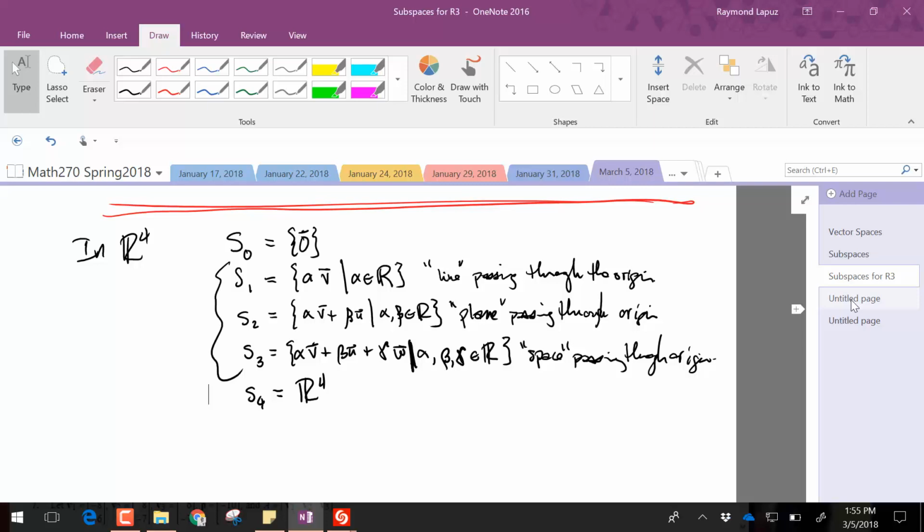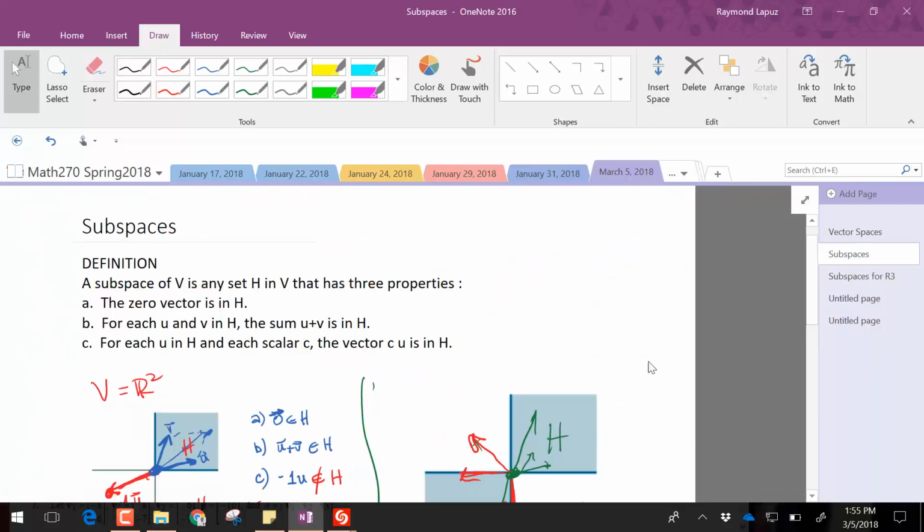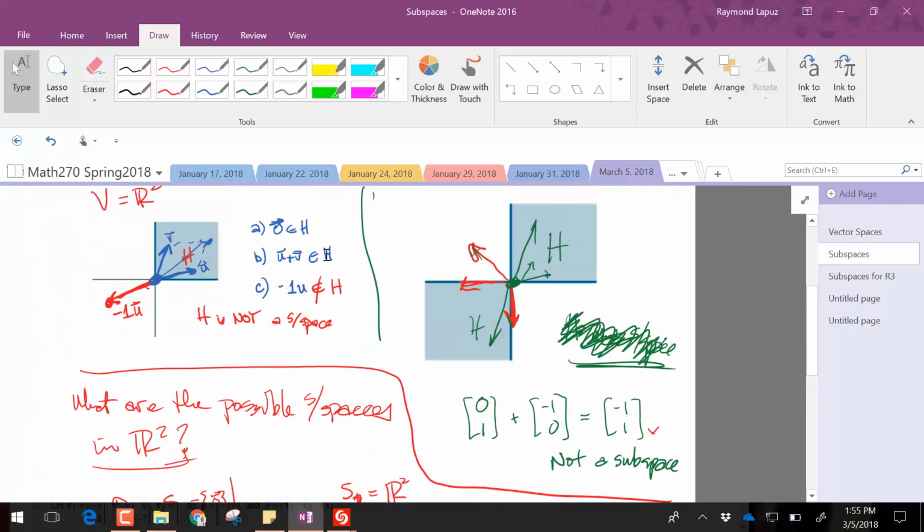Yeah, S and Rn, the whole thing. Okay. So these are how you find subspaces. And if you take any portion of it away, like instead of looking at all of R2, if you take any of it away, then it's not complete. It's not going to be your whole subspace.